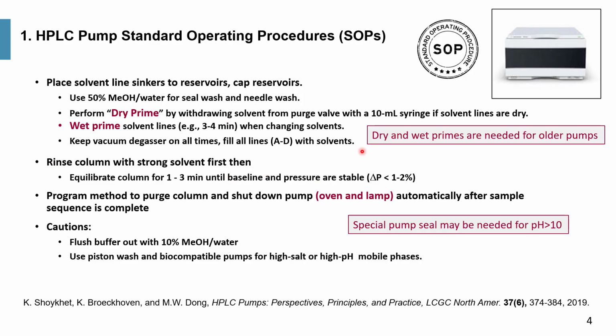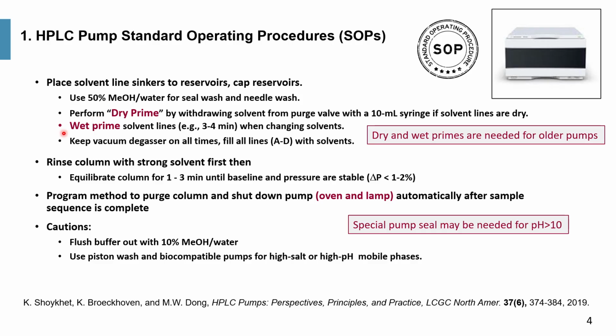There are older systems that require dry prime and wet prime. Dry prime is needed if the pump is dry, by withdrawing the solvent, opening the purge valve, with a 10 mL syringe. Some of the modern systems do not require this operation because there is an auto purge valve, and some pumps can actually auto purge from a dry state.